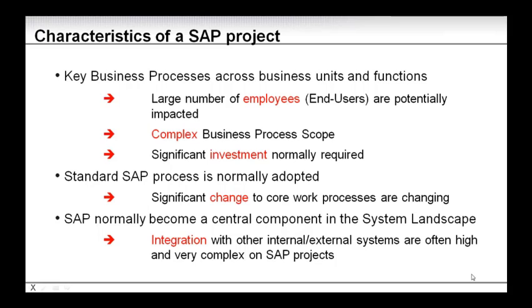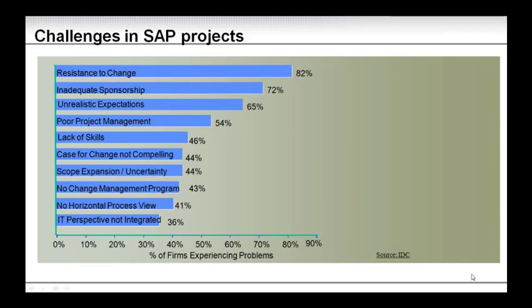So with these characteristics of a typical SAP project, what are then the challenges in SAP projects, and why do some SAP projects tend to fail? So this is a survey from IDC, which is a list of the main reasons why SAP projects get into trouble or fail or don't deliver the value that they are expected to.